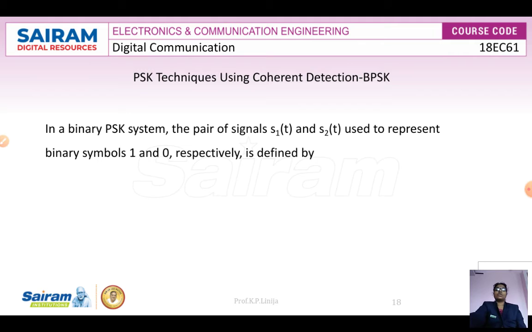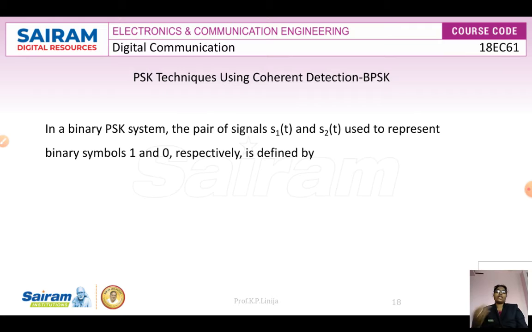Now we consider the binary PSK system, which consists of a pair of signals, S1 of t and S2 of t, used to represent binary symbols 1 and 0 respectively.